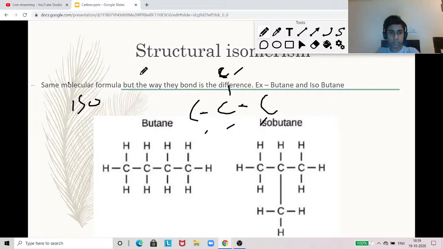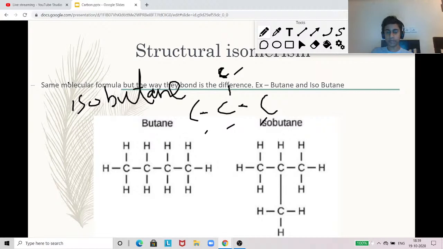There are all single bonds here, so it will be whatever the word root is for that number of carbon atoms. So but, single bond, so ane. This is how it works.